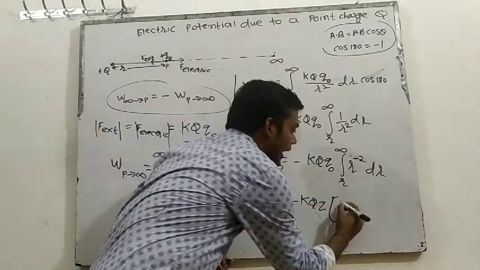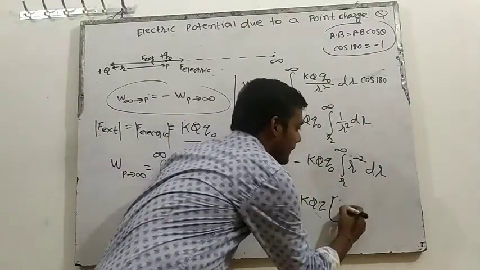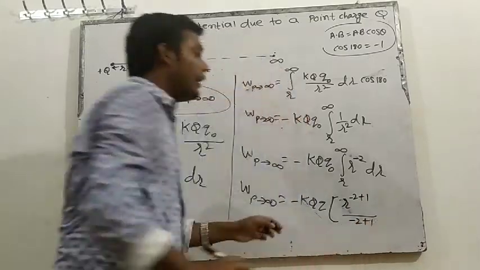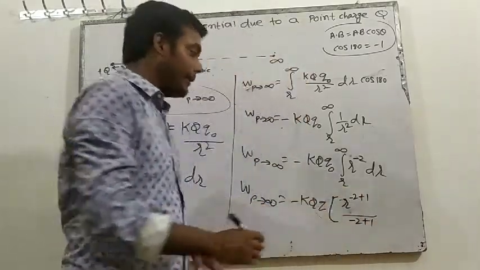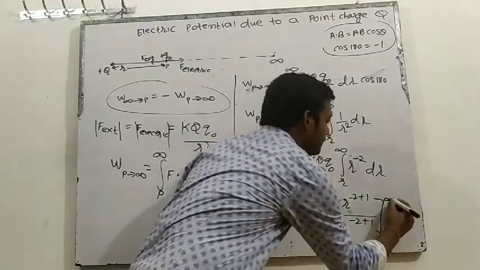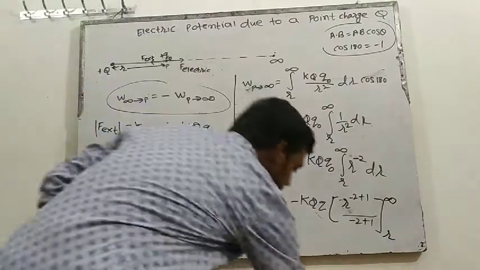So this will be r to the power minus 2 plus 1 divided by minus 2 plus 1. It will go from r to infinity. Clear?